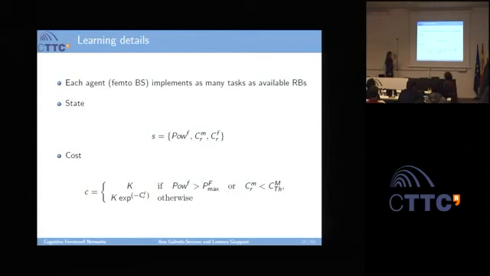In this case, we set this value at 1.4, if I remember correctly, yes, 1.4. So finally, if these two constraints are fulfilled, the agent will try to maximize the capacity of the femto user.